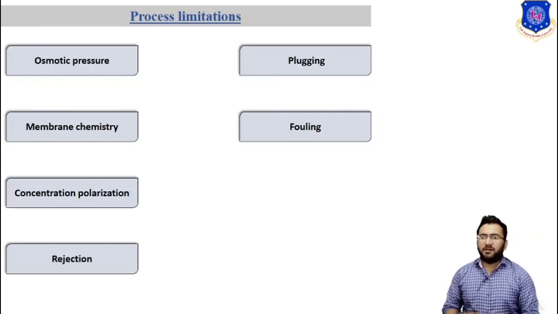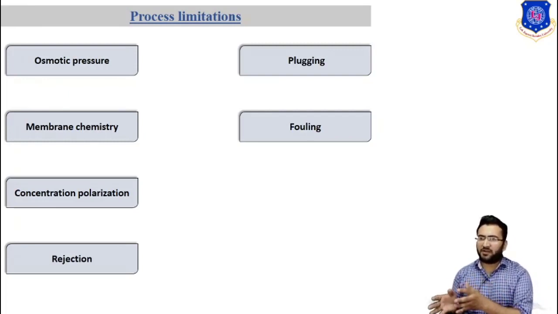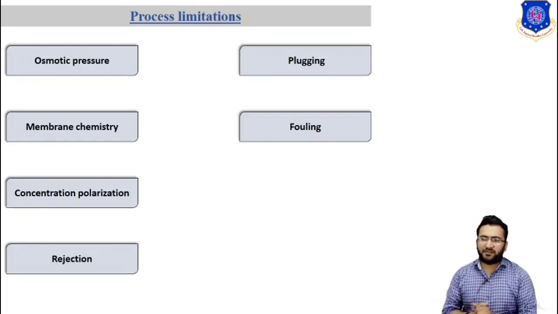Osmotic pressure is a critical design consideration. Osmotic pressure is always calculated for the bulk feed stream. It changes along the membrane train as the salt concentration rises. The osmotic pressure that really matters is the one at the membrane, higher by the amount of polarization, raised by the concentration of the solute.